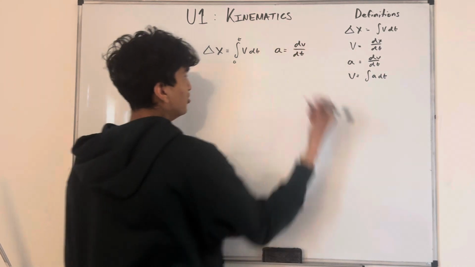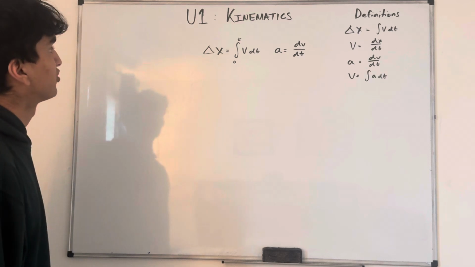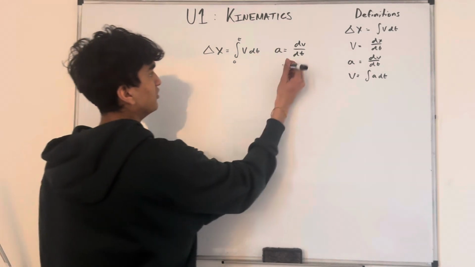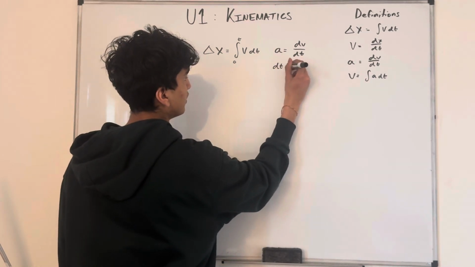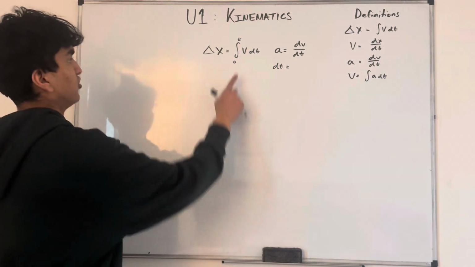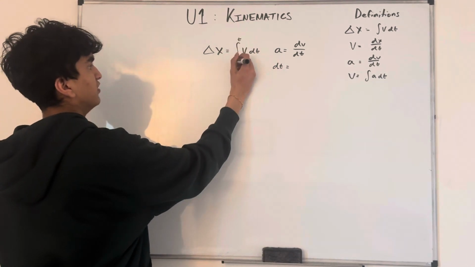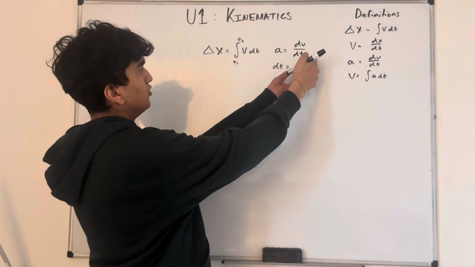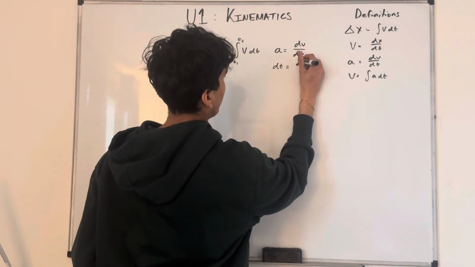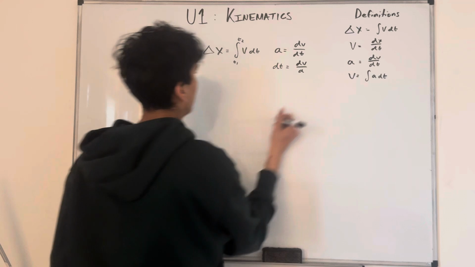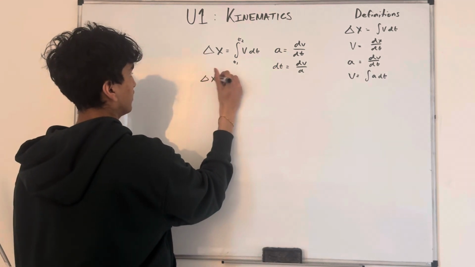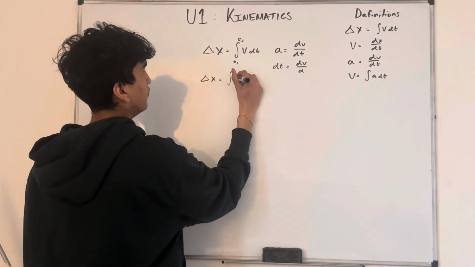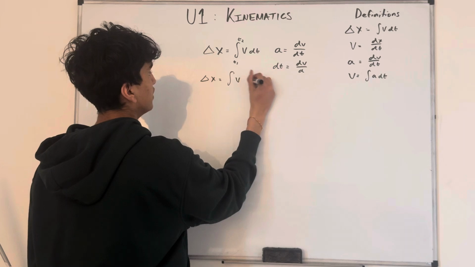So I can rearrange this and get dt. I'll change this to t1, t2, you'll see why in a second. I can do dt equals dv over a, and then I get change in x equals the integral of v times dv over a.